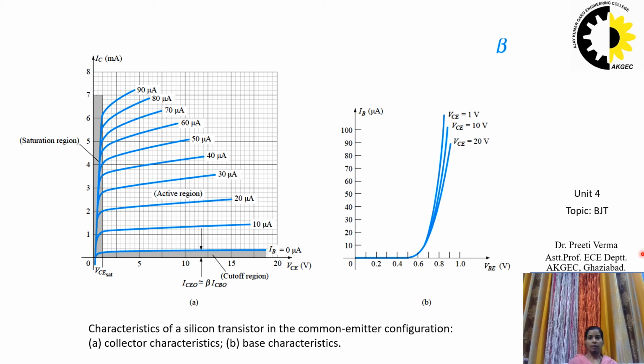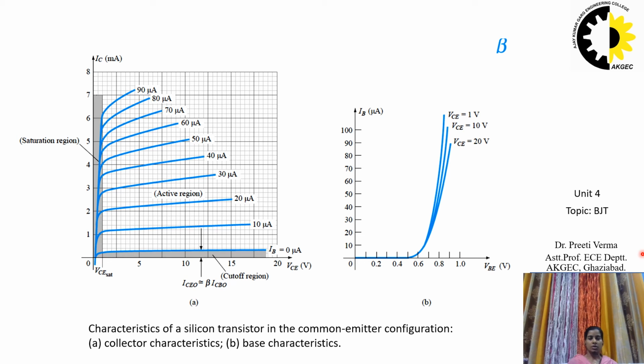The active region of the common emitter configuration can be employed for voltage, current, or power amplification. The cutoff region for the common emitter configuration is not as well defined as for the common base configuration. One point to be noted on the collector characteristics shown in the figure is that IC is not equal to 0 when IB is 0.